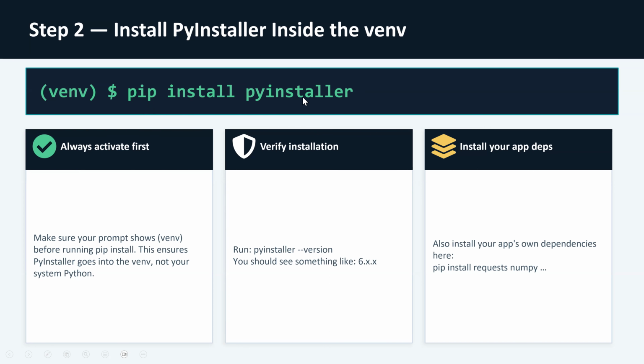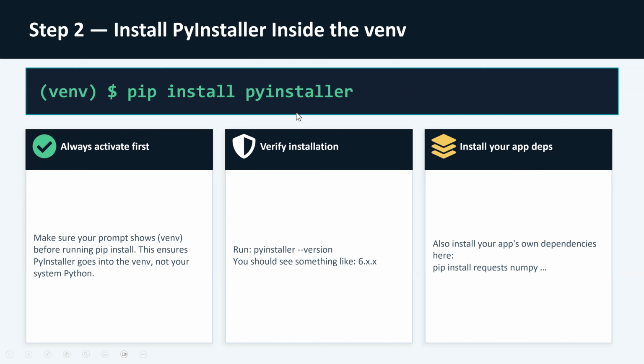Now it gets installed. And then you can run inside the virtual environment pyinstaller --version to get your version of PyInstaller. And then if you need further help on how to create the standalone application for Windows or Linux, you can just say pyinstaller --help, and it will give you all the syntax.